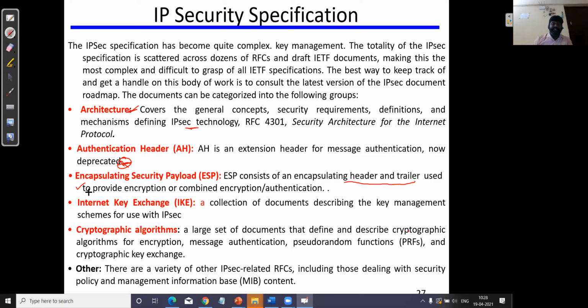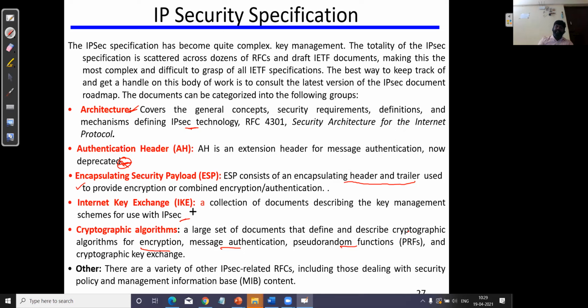And the next one is the internet key exchange, right, which is a collection of documents describing the key management scheme for IP security. And then the last one is the cryptographic algorithm, right, or authentication algorithm, which covers the different algorithms applicable for encryption as well as decryption, message authentication, and the pseudo random functions.